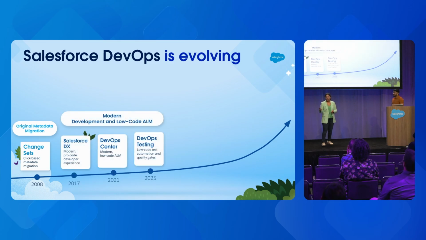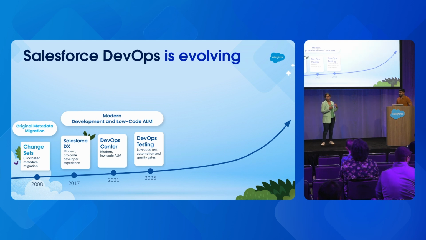And then in 2017, we launched Salesforce DX, a much more modern native ALM experience for pro-code developers who are mostly source-driven. So it did solve the pro-code problem, but then followed DevOps Center that tackled the same native experience, but for low-code users, for admins, giving them the same ease of use, but in a much more simplified fashion.